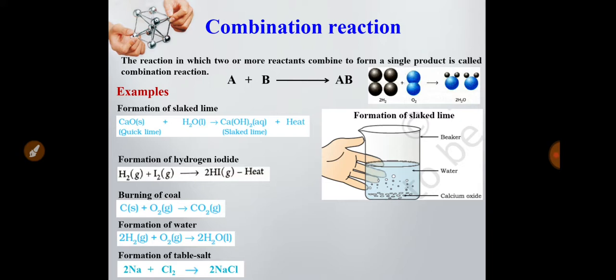We all take common salt with our food items. It is prepared by the reaction between sodium and chlorine to form NaCl. In all these reactions we can see that two reactants combine with each other to form a single product. So this type of reaction is called combination reaction.